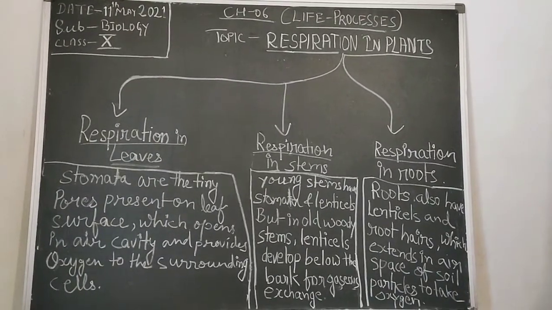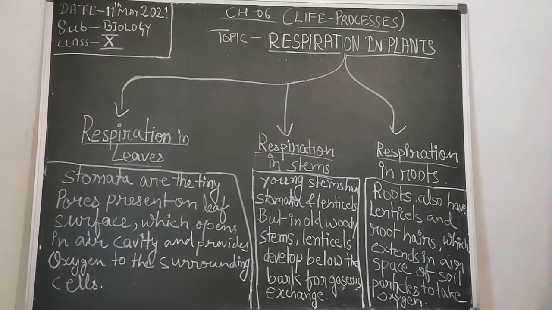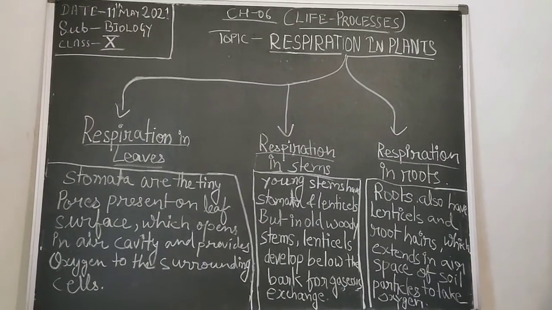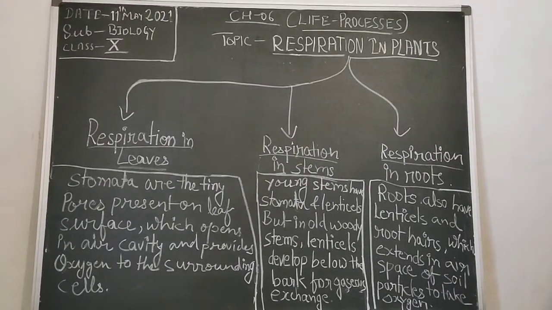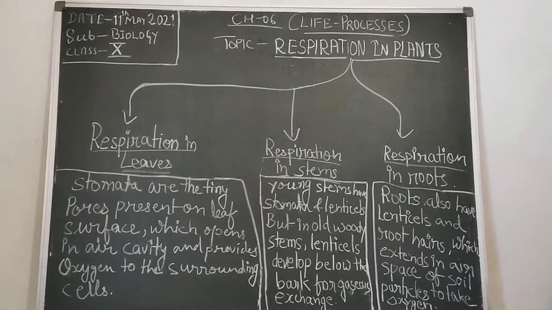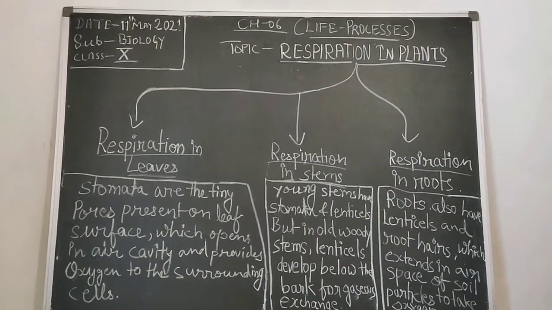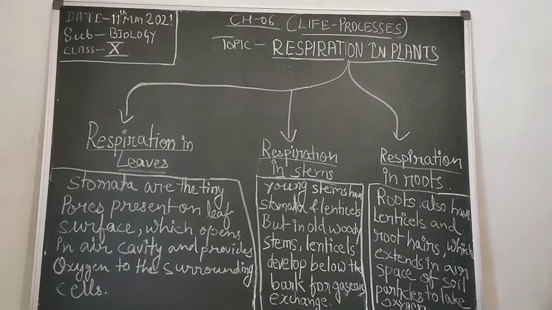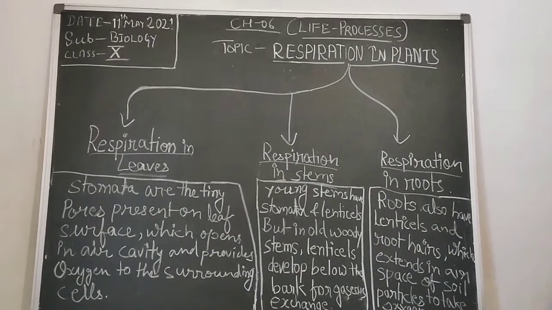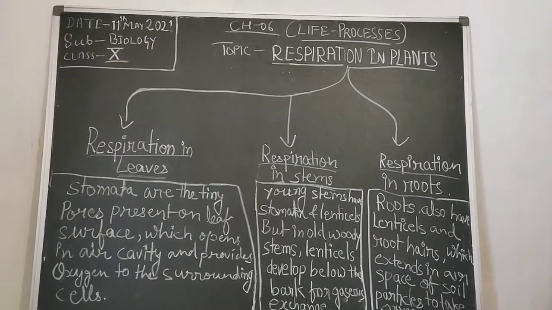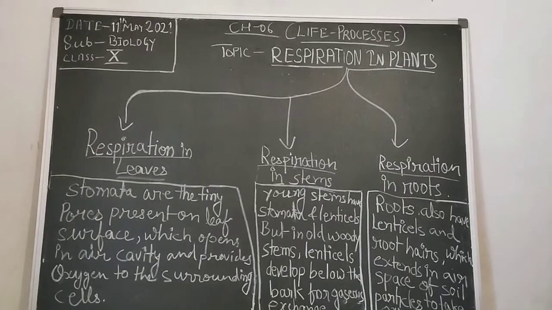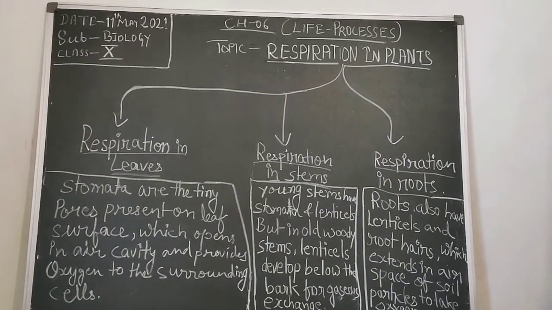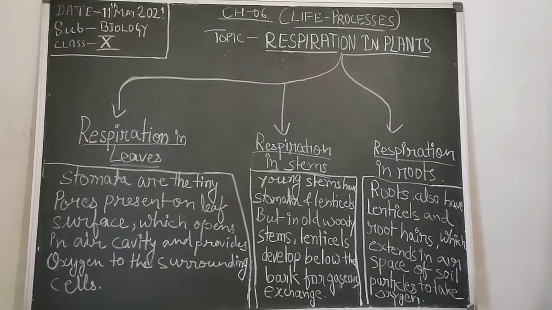So the plants use the oxygen, which causes a scarcity in that surrounding, and they release carbon dioxide, so it increases the concentration of carbon dioxide in that area. Students, we are also respiring, so during night time it causes harm to us.